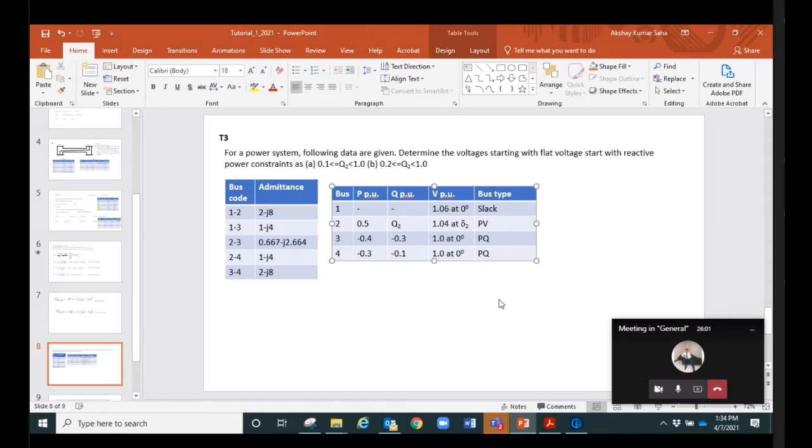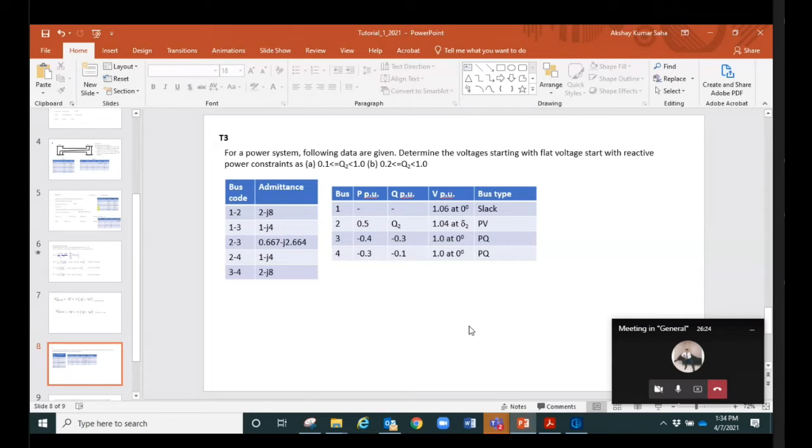The second condition is that Q2 is in between 0.2 and less than 1.0. So we have to know the Q2 value first, where it is. First step is to know the value of Q2.